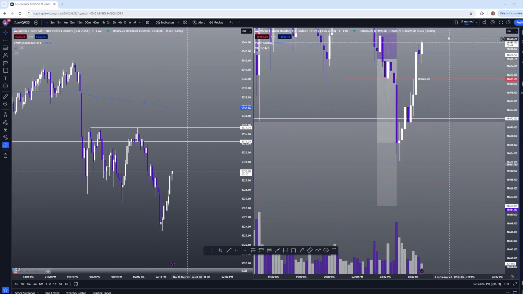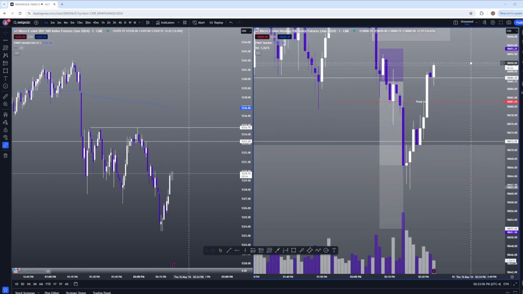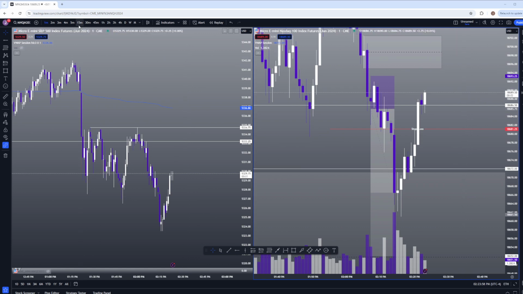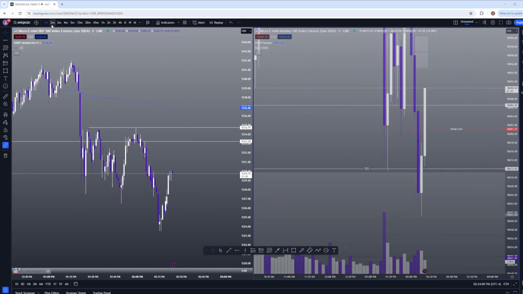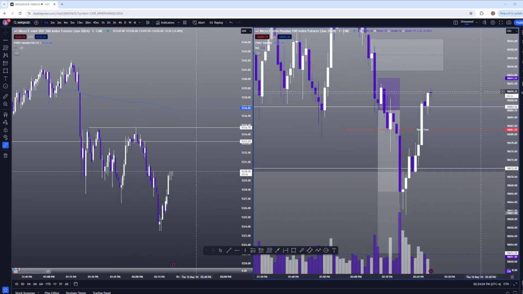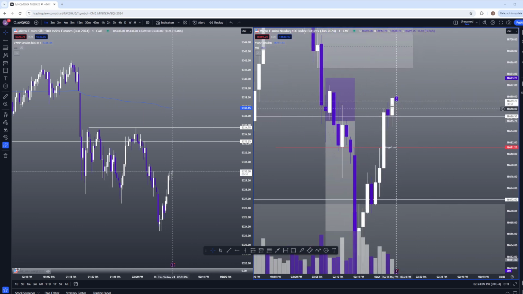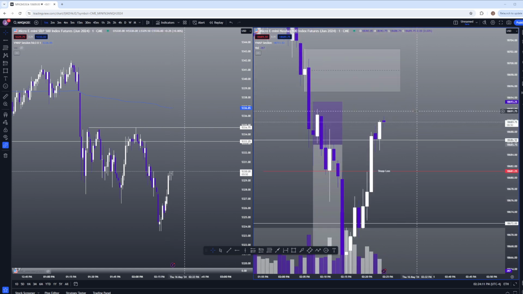All right, after seeing this move. All right, displacement of this 1 minute order block. See if we get a bounce from this 1 minute.